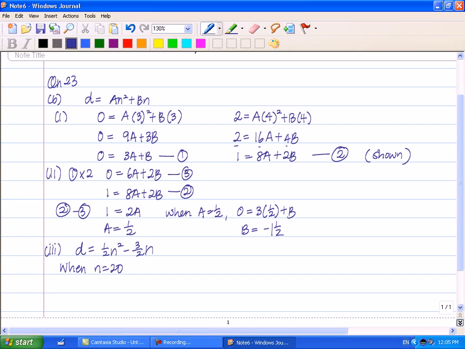When n equals to 20, I just substitute and find the number of diagonals. I have half of 20 squared minus 3/2 of 20, and that's my answer. 170 diagonals. You can use the same formula to check and find your answers for P and Q.